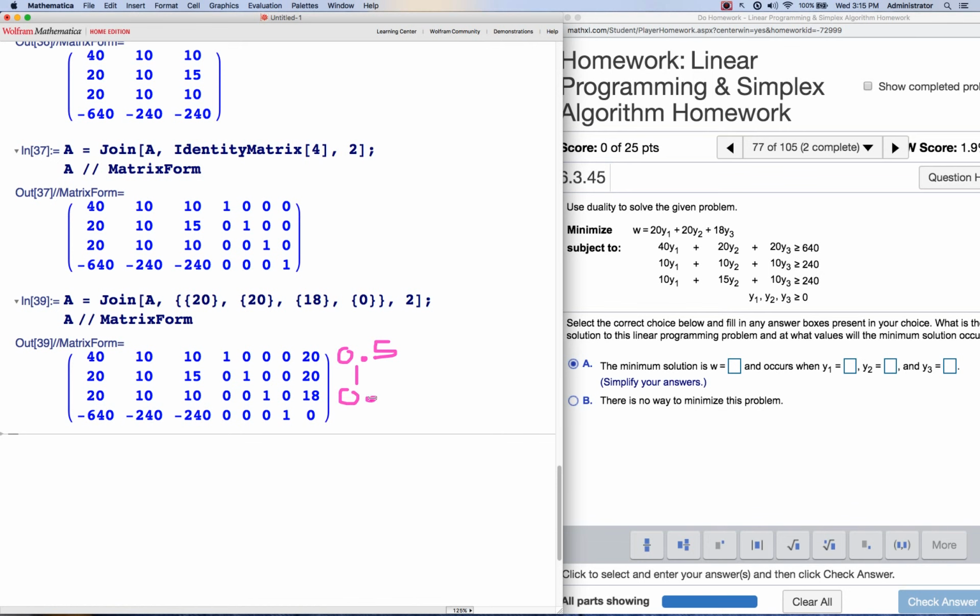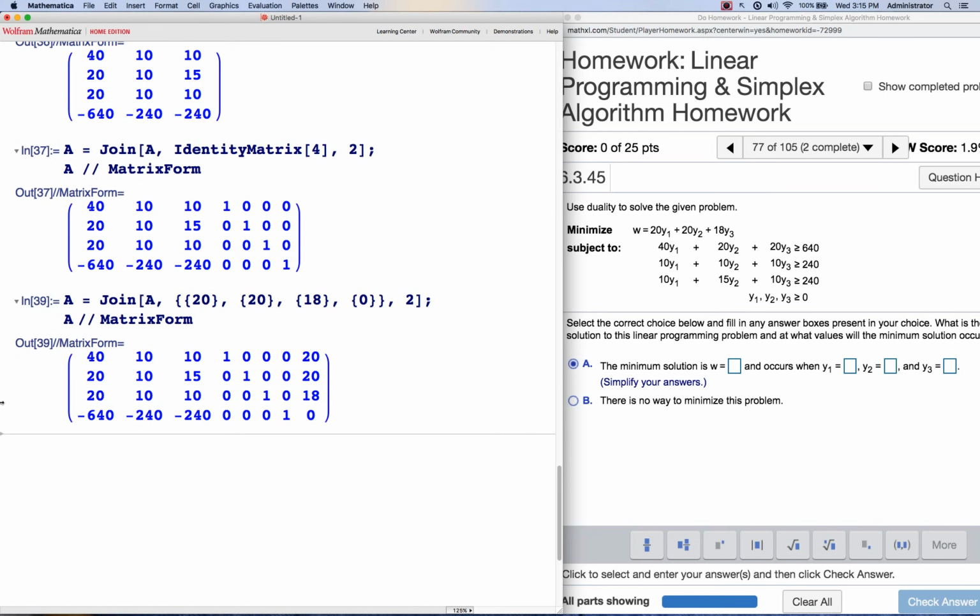Okay, so 20 divided by 40 is a half, or 0.5. 20 divided by 20 is 1. 18 divided by 20 is the same as 9 divided by 10, which is 0.9. The minimum ratio is right over here, 0.5. So I'm going to pivot right over there.